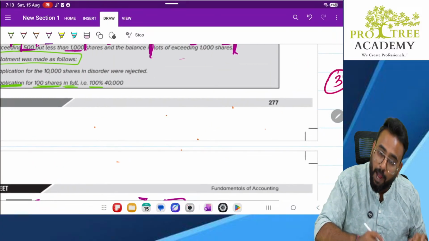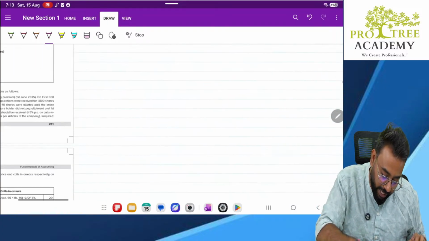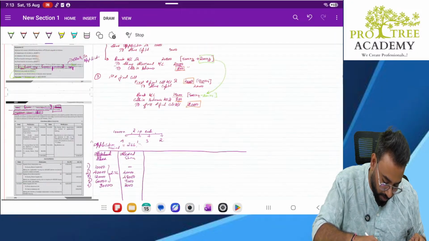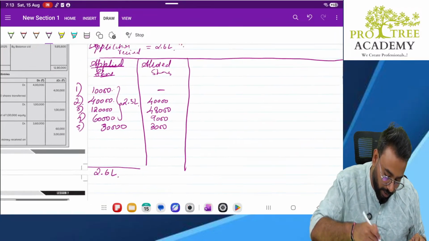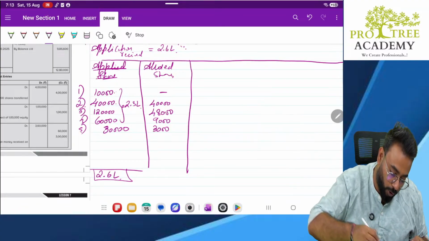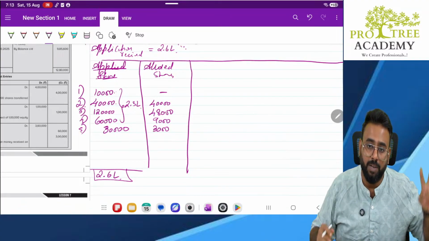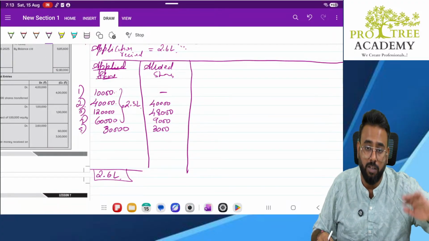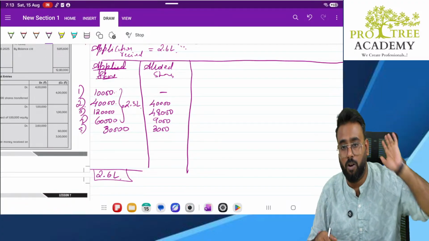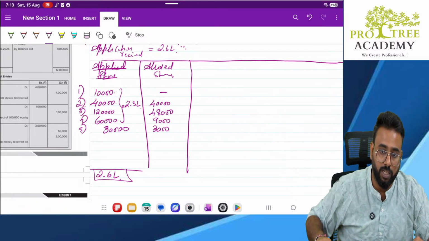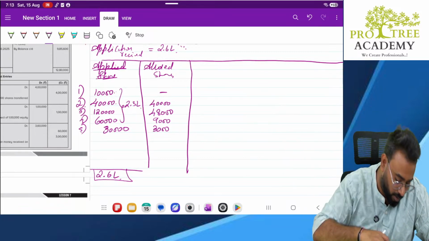That applied number can be calculated using the total applications received, which was 2.6 lakh, out of which we have received the story of 2.3 lakh. The balance is nothing but 30,000 shares. Those shares were applied in lots exceeding 1,000 shares per lot. They have not directly given you 30,000, but they have asked you to calculate the 30,000.